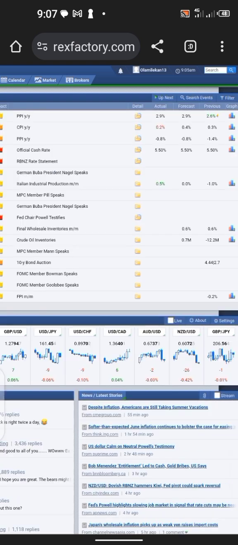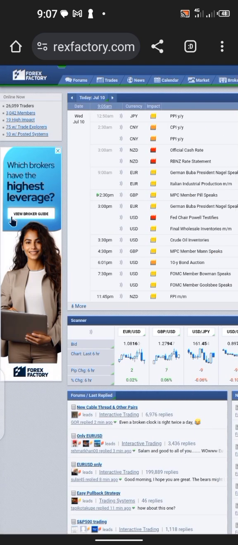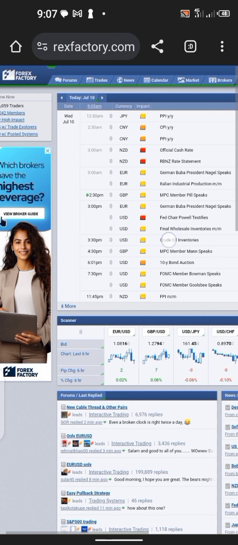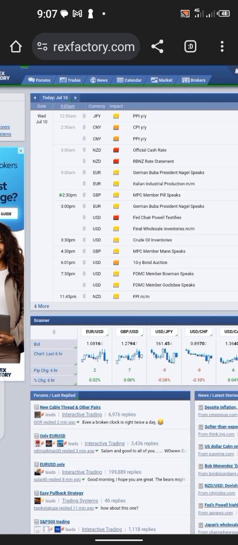Now let's go back to a chart and see some news events on the charts that have happened. Today is July 10th, right? There is one that happened for NZD at 3 a.m. today. Let's go back to our charts and see the one on NZD.